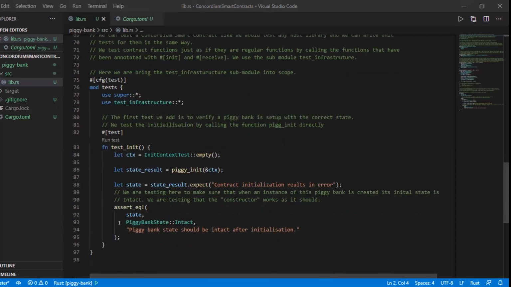So it should be intact. And also there shouldn't be anything inside the piggy bank when it is created. And again, you get all of this feedback at compile time, not at runtime.